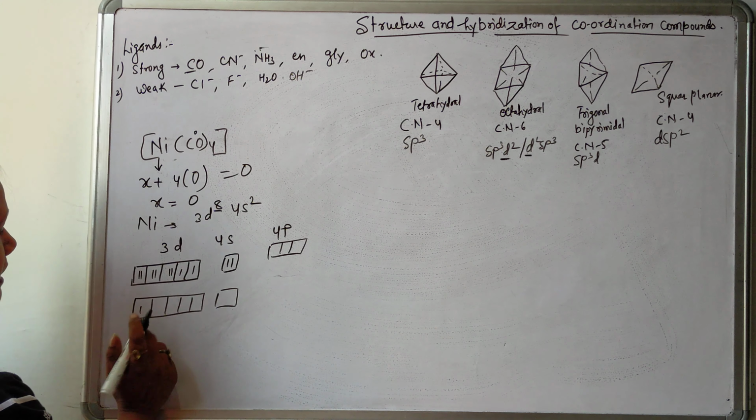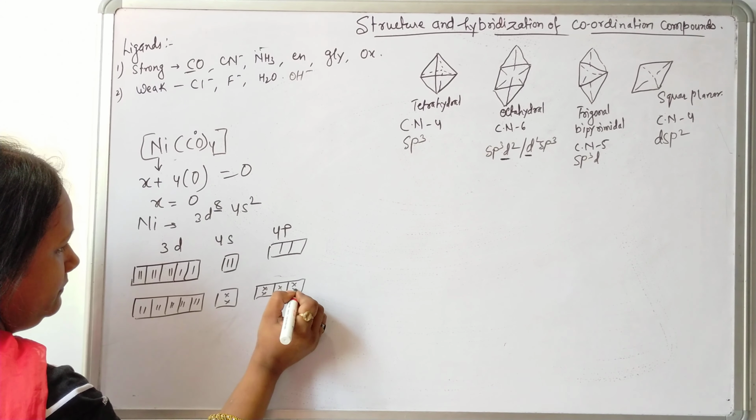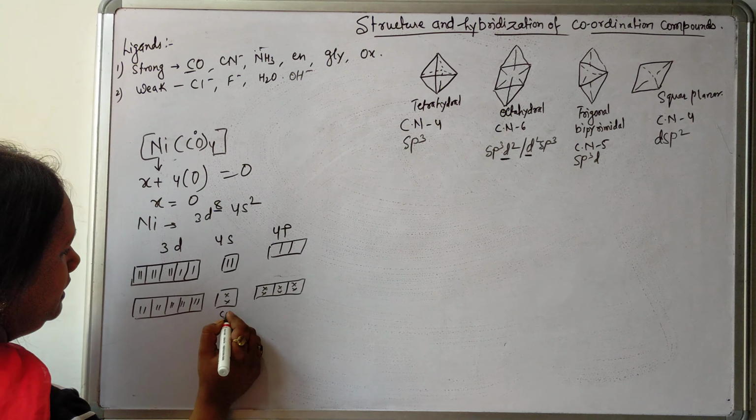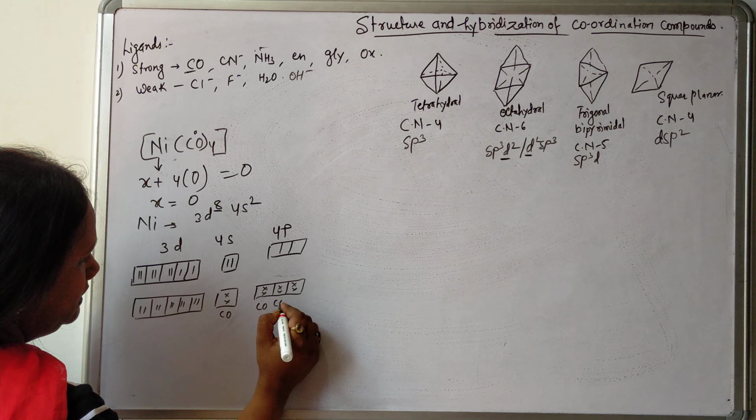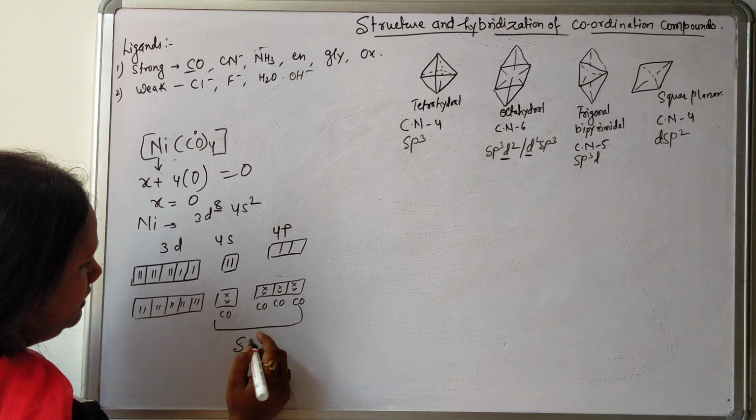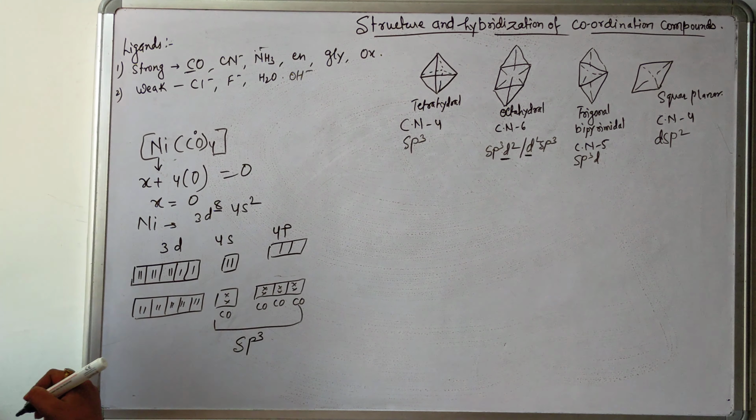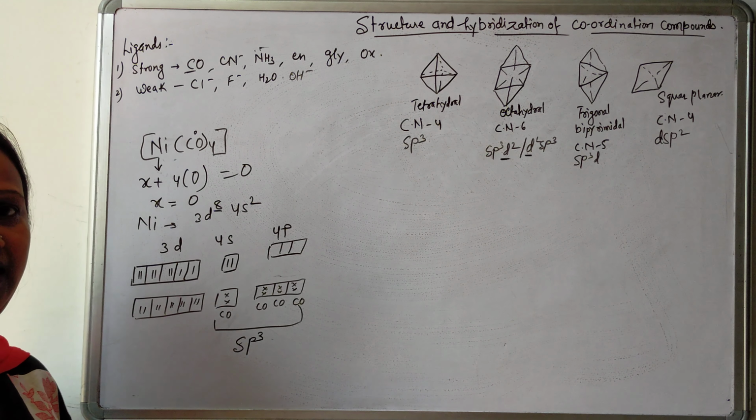Now the electrons of the ligands will be filled into the vacant orbitals. There are 4 CO used. So the hybridization here comes from 1 s and 3 p being used, so the hybridization is sp3.